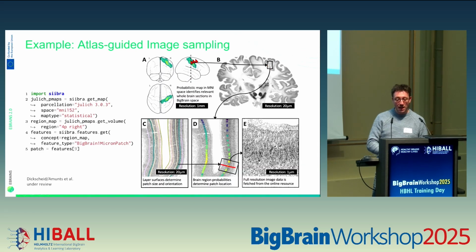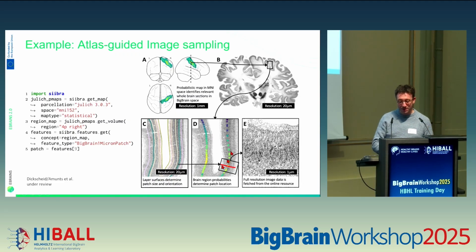Inside that brain section, again using the probability map, it knows where to look. Not the whole brain section is relevant for area 4P right, only a subpart of it. So it finds a region of interest to search in the brain section.